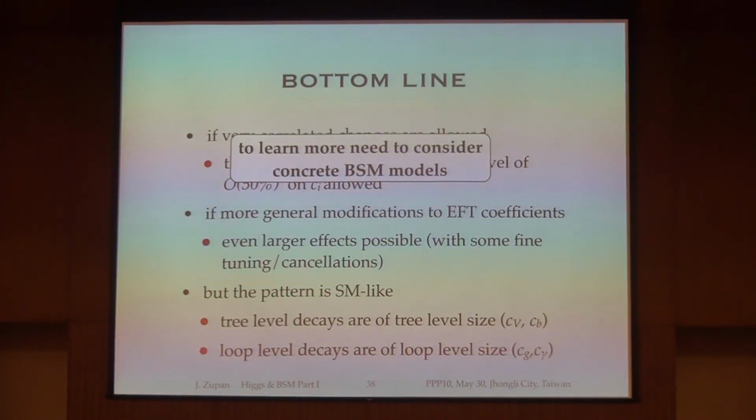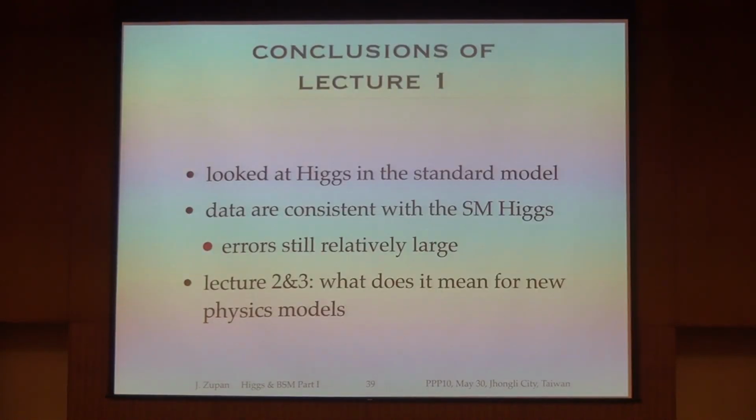Now, to learn more... In this lecture, what we did, we looked at the Higgs in the standard model. The data are consistent with the standard model Higgs. Errors are still relatively large. And as I said, in lectures 2 and 3, what does it mean for new physics models?